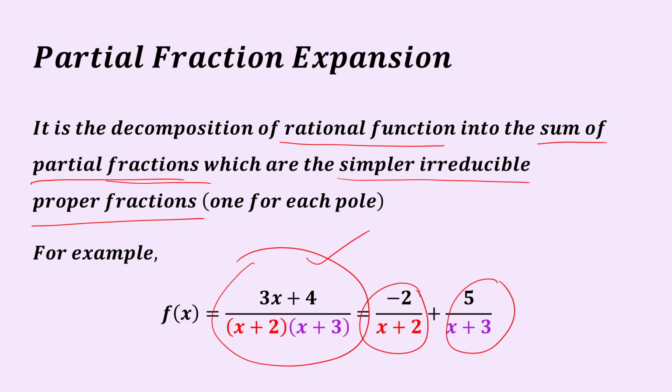These proper fractions come up one for each pole. So x plus 2 has one pole, one proper fraction, and x plus 3 has another pole, a second proper fraction. These two proper fractions get added up, and if we take the LCM of these partial fractions, it will transform back to the complete rational function.